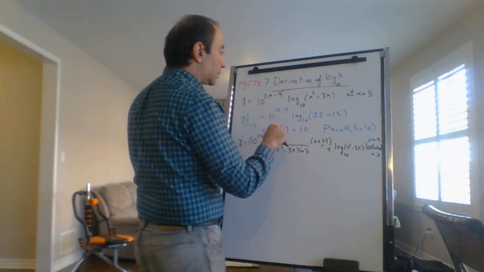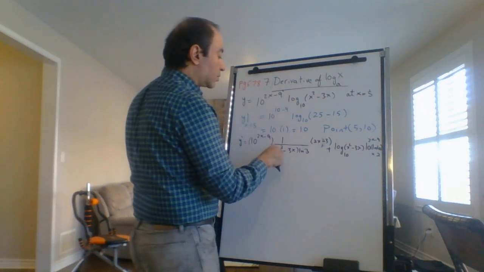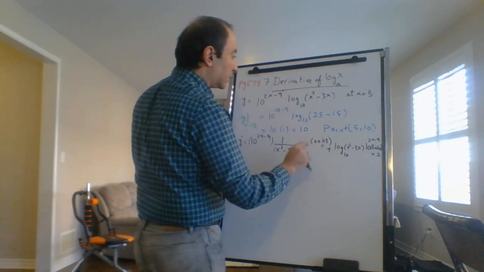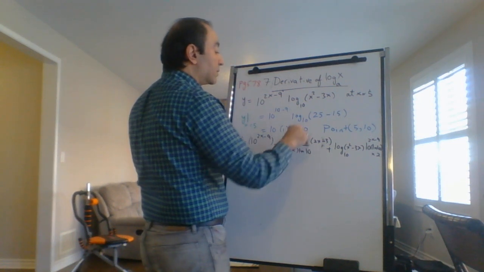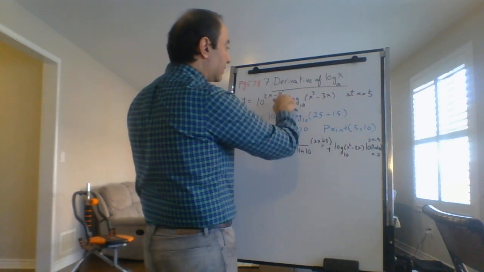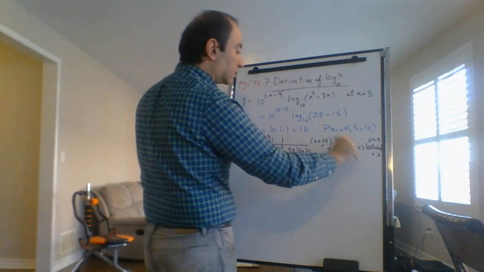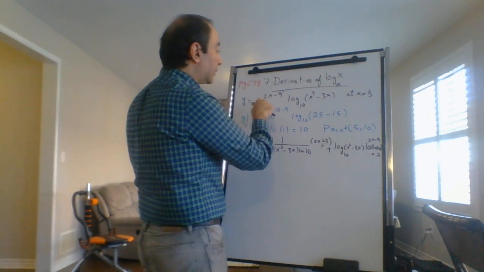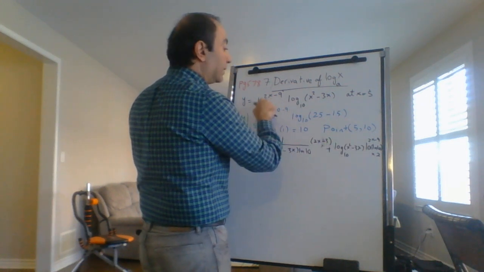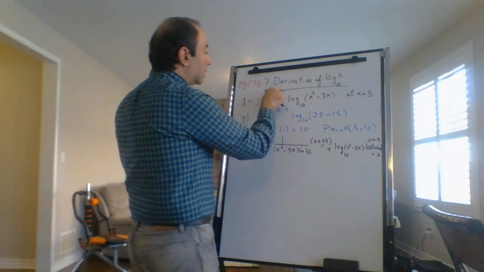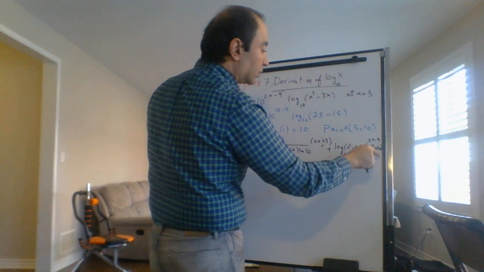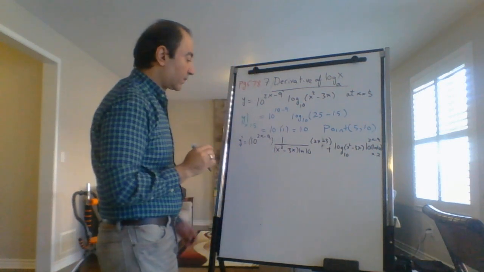Derivative of the second is 1 over x squared minus 3x ln 10, the base is 10, times the derivative of the inside, which is 2x minus 3, plus the second, I wrote it, times the derivative of the first. The derivative of the first, a to the power of f of x, is a to the power of f of x, ln the base, so ln 10, times the derivative of the exponent, which is 2. I wrote the 2 down there because I don't have a space.